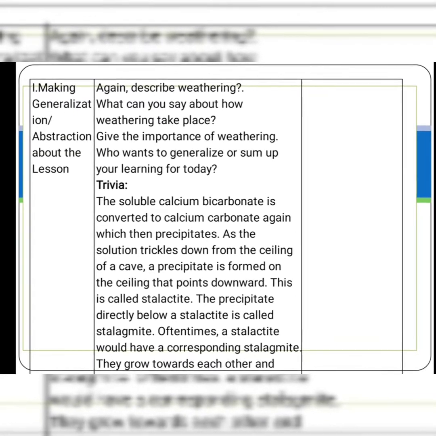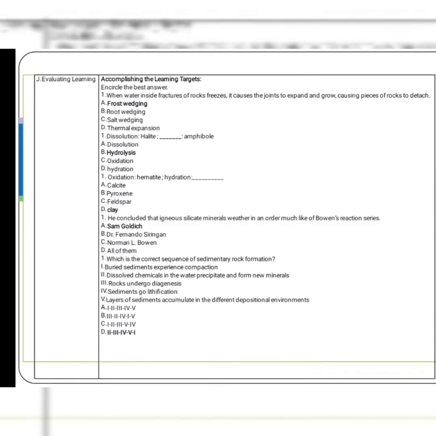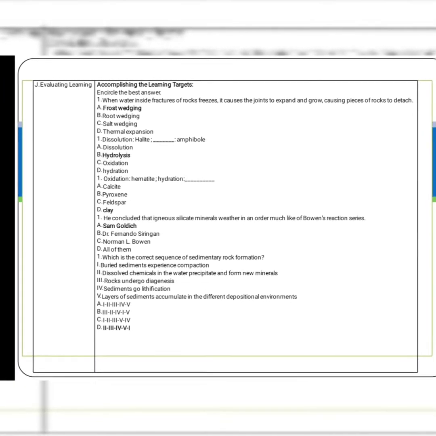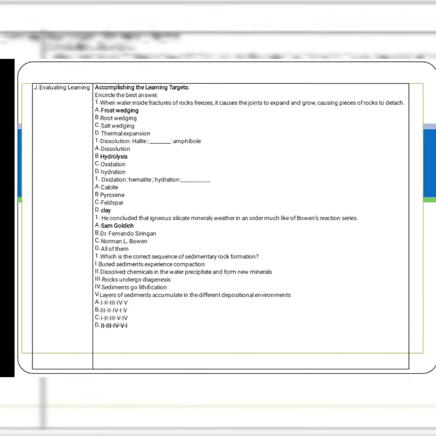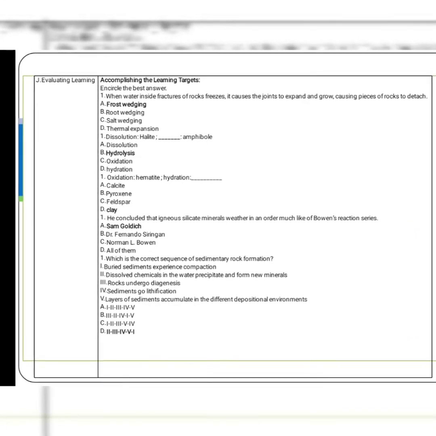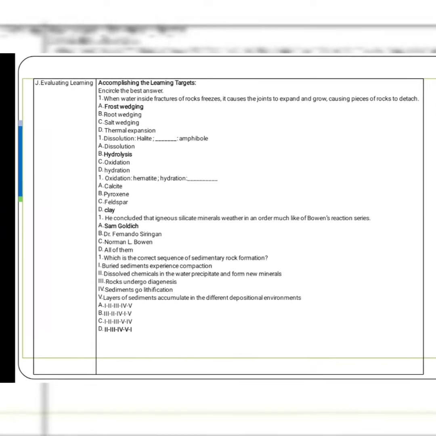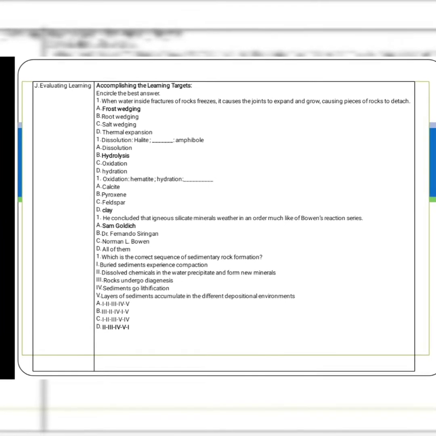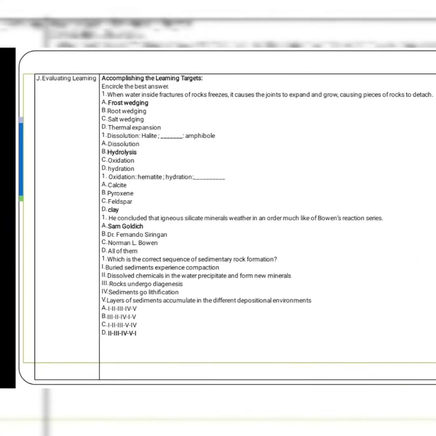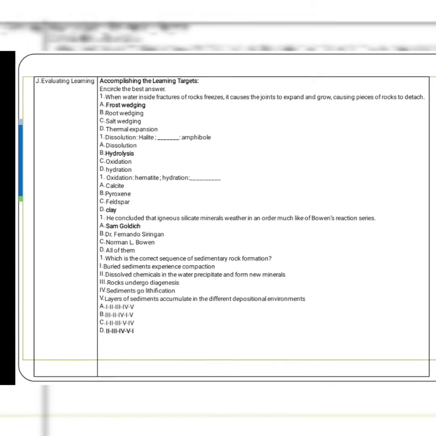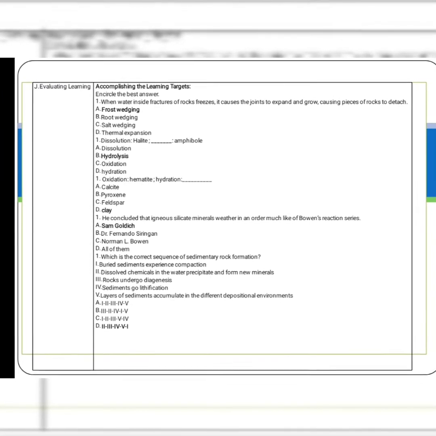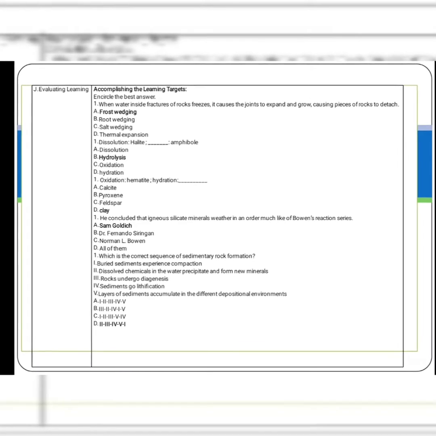So after generalization, it's evaluation. Remember that when you construct your test, it should be aligned to the objectives of your lesson. So you can construct up to 10 or up to 5 depending on your decision. You also provide the key answers for that and provide also clear directions.